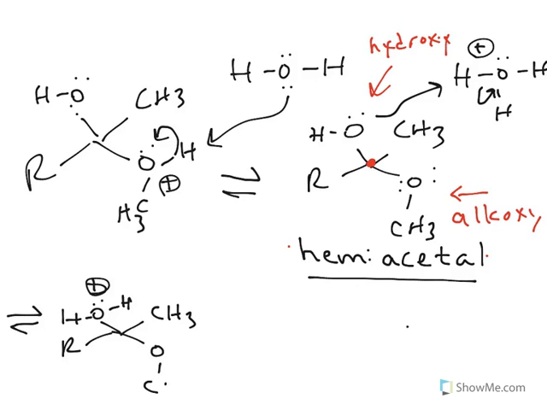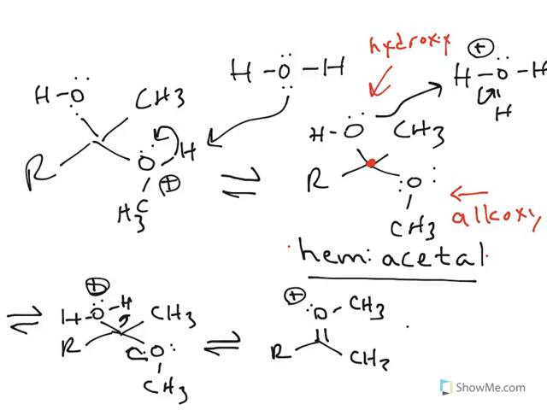Have our alkoxy group here still. And the alkoxy group is actually going to kick in and throw out the water. So now what we're going to get is the collapsed intermediate here. So this is no longer a tetrahedral intermediate.